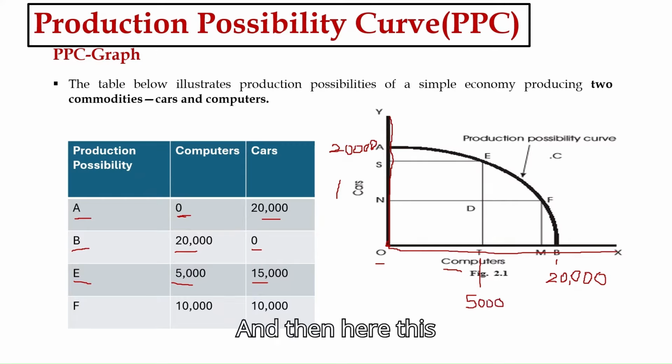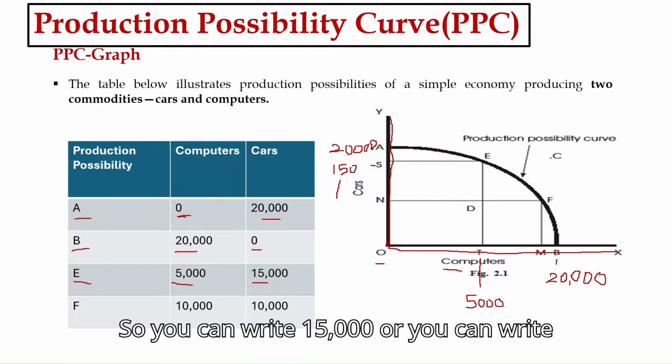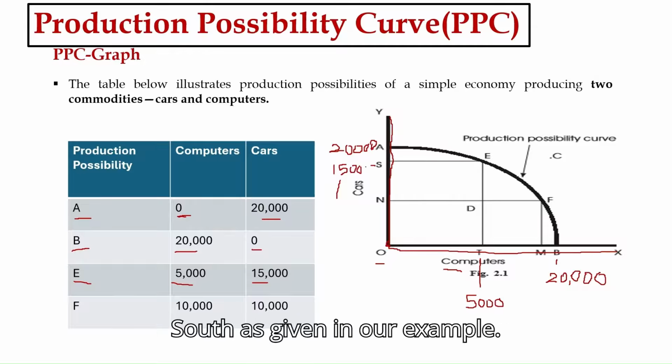And this S is my quantity of cars, which is 15,000. You can write 15,000 or write S as given in our example.